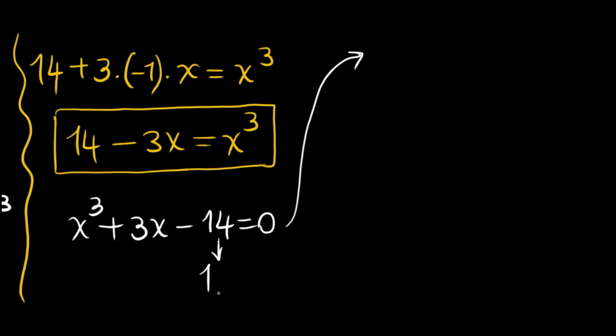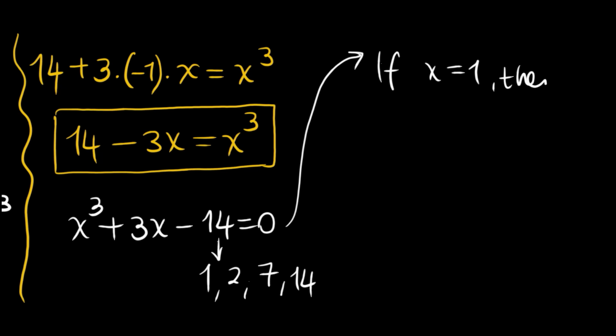This is divisible by 1, 2, 7 and 14. Let's try 1. If x equals 1, then this is 1 cubed plus 3 times 1 minus 14.